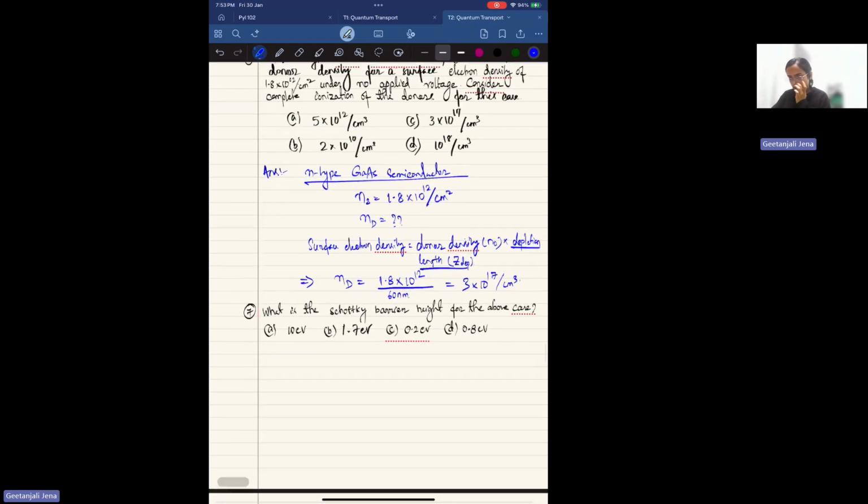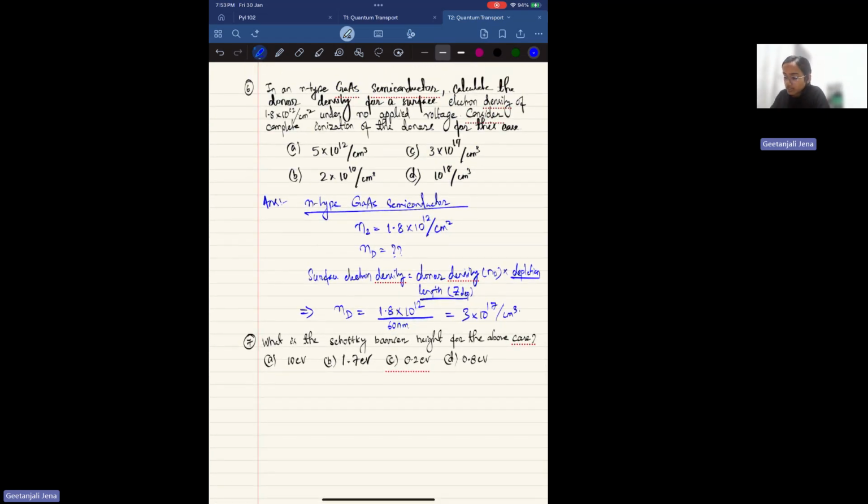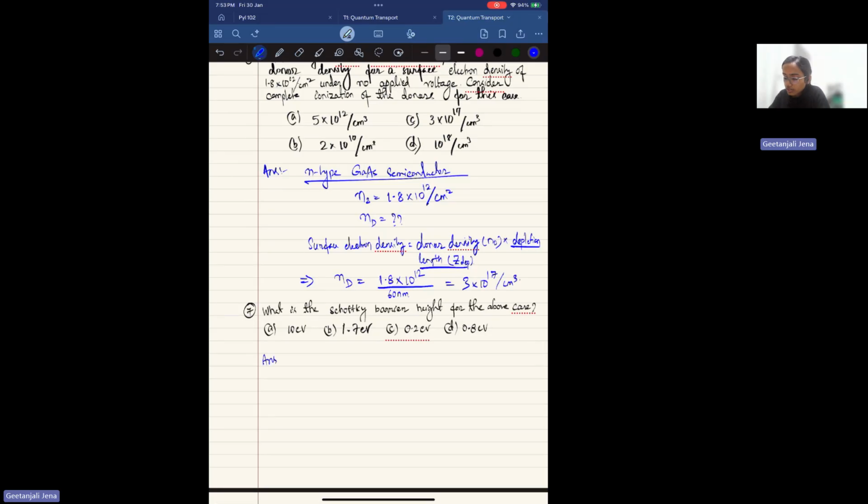The next question is a follow-up to question number 6. It asks, what is the Schottky barrier height for the above case? You are given the donor density, surface electron density, and the depletion length, and you need to find the Schottky barrier height. If you recall, Z depletion is the square root of 2 epsilon naught epsilon r (phi b, the Schottky barrier height, minus eV_G) divided by e square N_D. Here eV_G is 0 because there is no applied voltage.